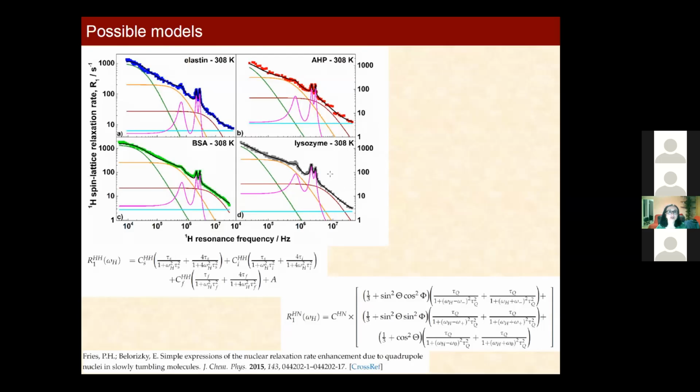And one says then that, if such matching occurs, the proton magnetization is sometimes taken over by nitrogen, and then the proton magnetization disappears faster, and it manifests itself as a frequency-specific proton relaxation enhancement.